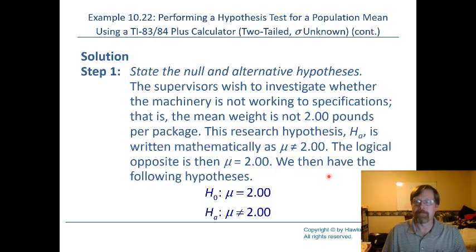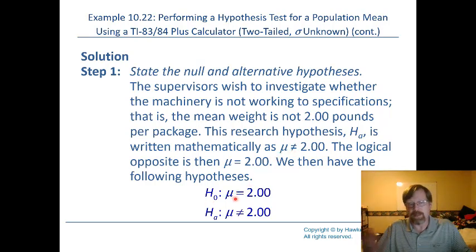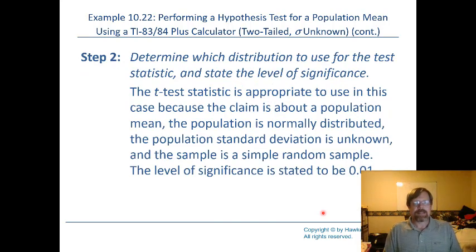Okay. All right, so the null and alternative hypotheses. The research hypothesis is that the mean is not equal to 2. So the null hypothesis, the opposite, is that everything's working just fine, and our mean should be 2. If everything was fine, the null hypothesis would be normal operation, right? All right, so the t-statistic is appropriate because it's a random sample, normally distributed.